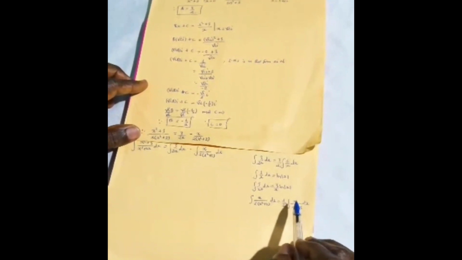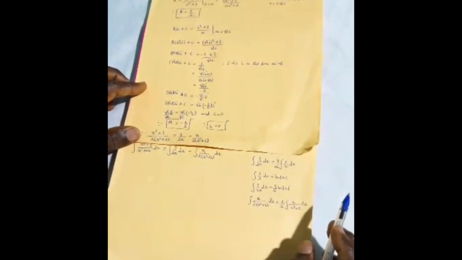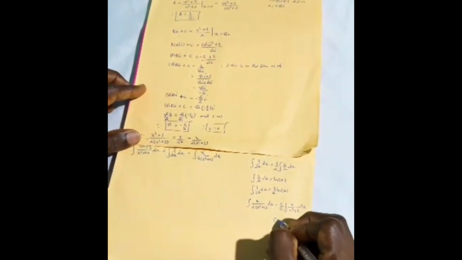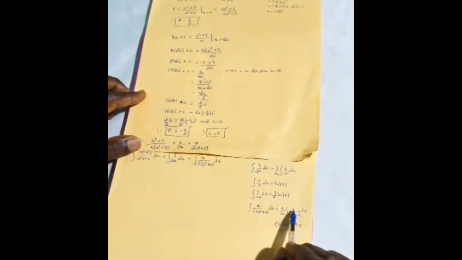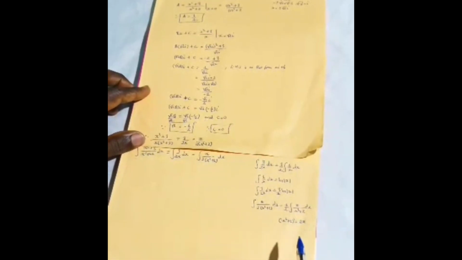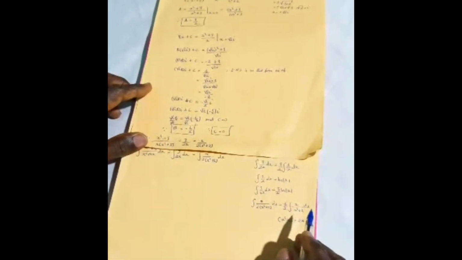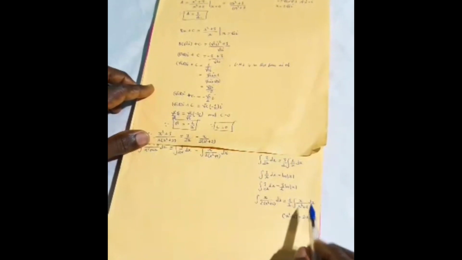So we're going to differentiate this a little bit differently. The derivative of the denominator, which is x squared plus 2, is 2x. So we are going to play around with the constant 2 to make the numerator the exact derivative of the denominator, so that it will be easier to integrate. So we are going to be multiplying both numerator and denominator by 2.